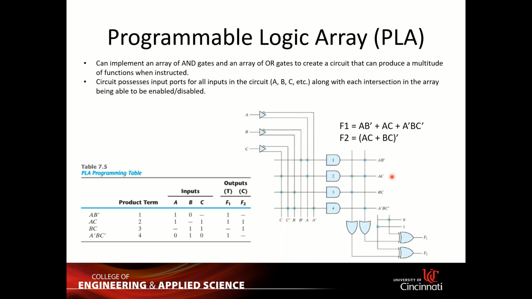So you have AB naught, okay. AC, very simple, A and C, and A naught BC likewise, just trace along the line. You have to burn the fuses. After that, you add them up together, okay. So you go through this OR gate. So you now burn this, add them up together, okay.